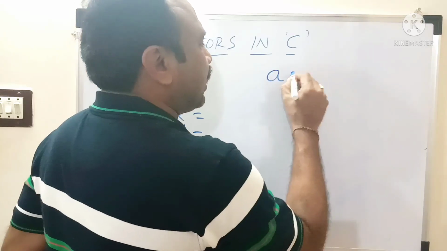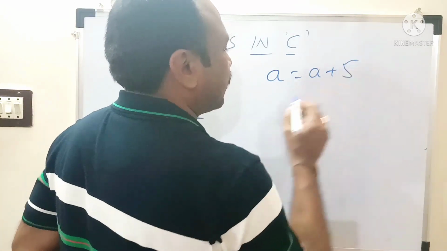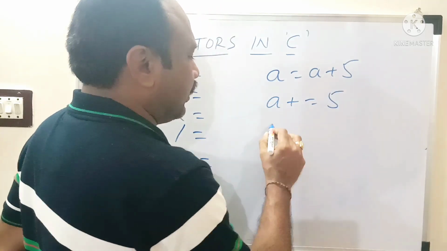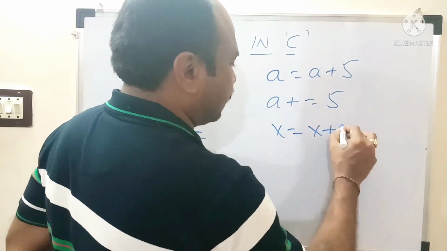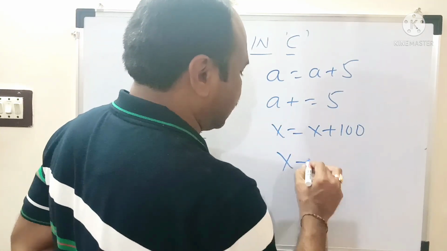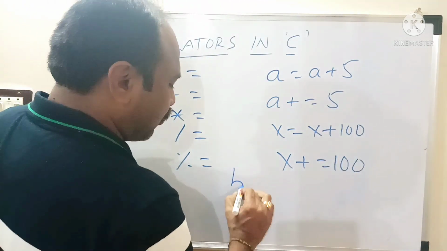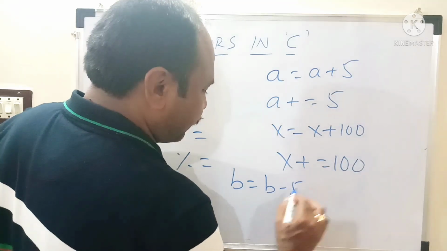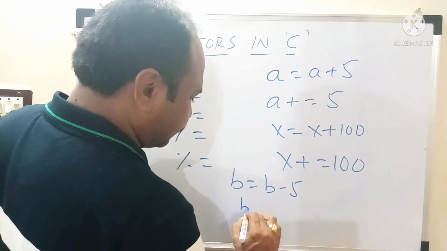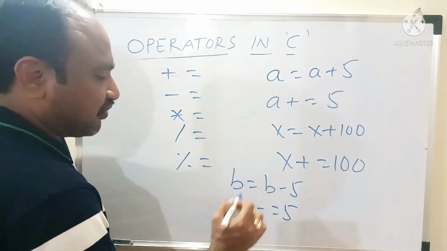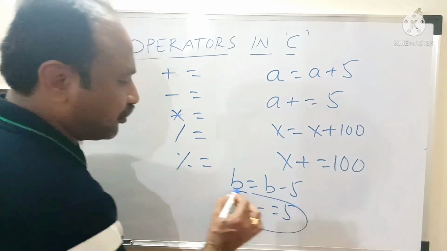If we have to write a equal to a plus 5, in shortcut I can write a plus equal to 5. x equal to x plus 100, in shortcut I can write x plus equal to 100. b equal to b minus 5 can be written as b minus equal to 5.